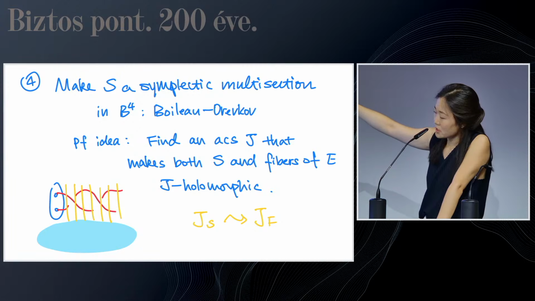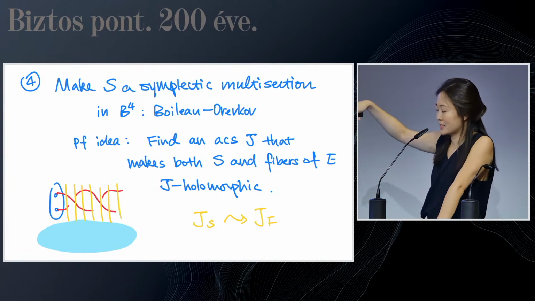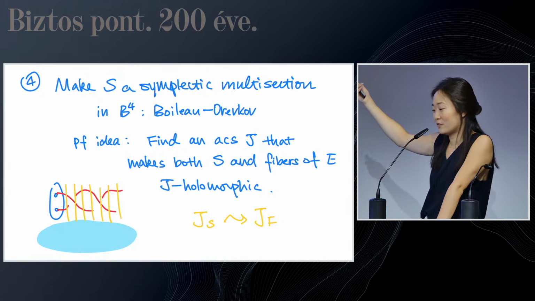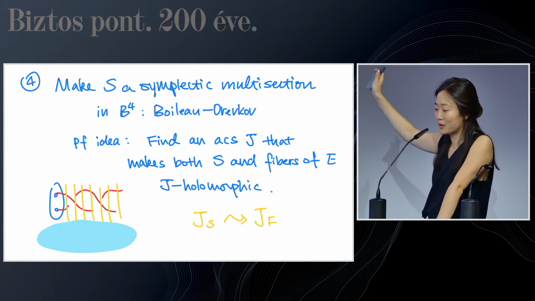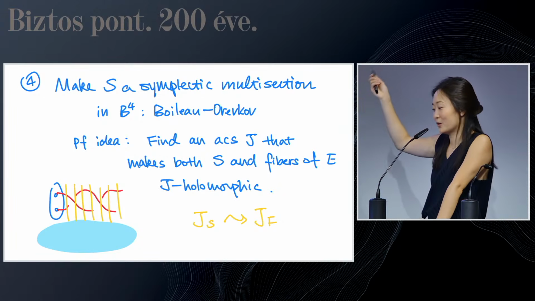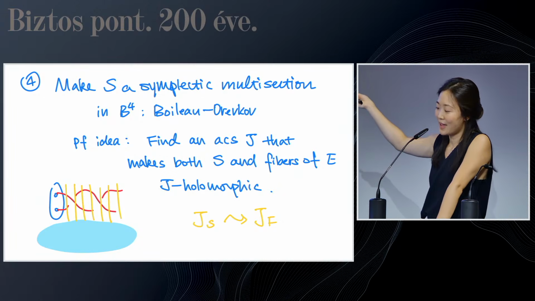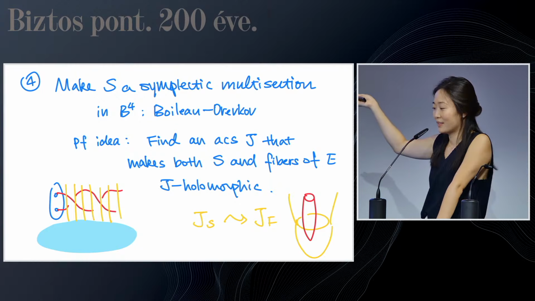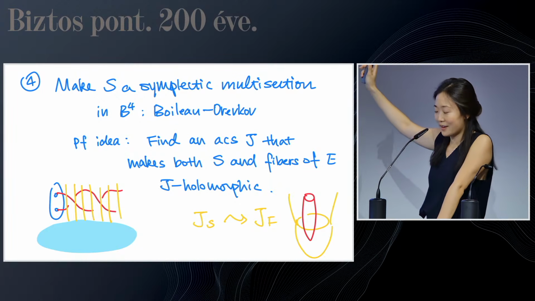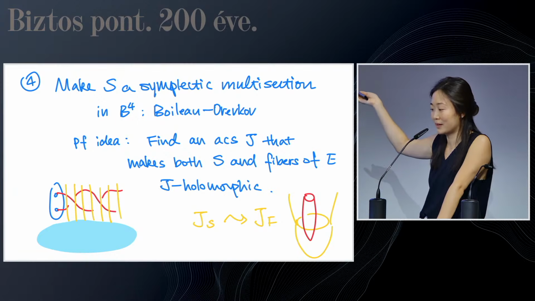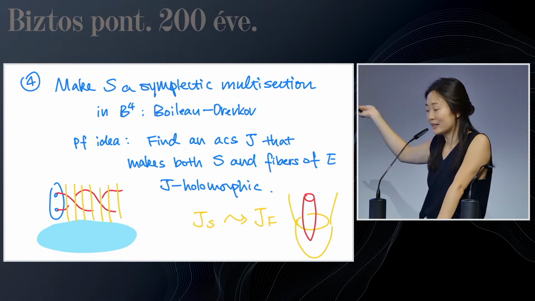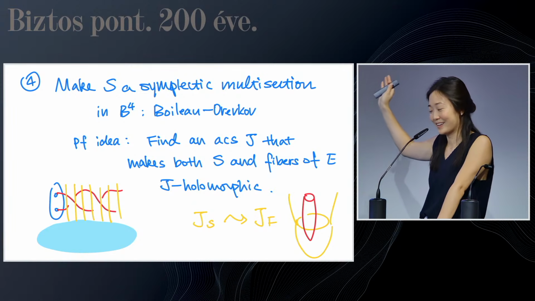Really what you do is you first find a J_S that makes the red surface J_S-holomorphic, and then you find a J_F that makes the fibers holomorphic, and then you go from J_S to J_F. And since the boundary of S is of smallest action, and we're in a Weinstein domain, there's no bubbling and possibilities of breakings, so this red disk persists.